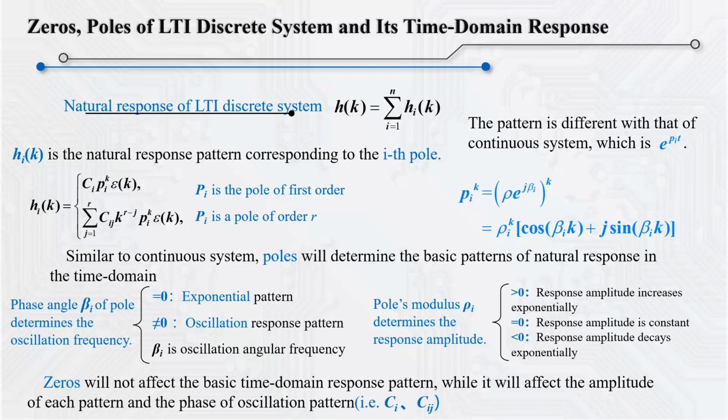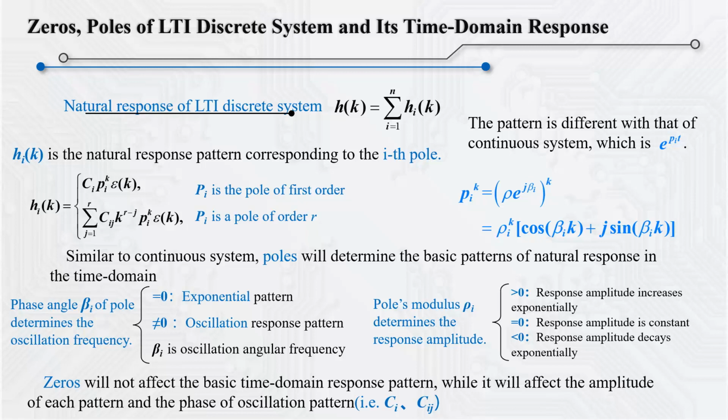However, it should be noted that the relation between time domain response pattern and the poles of the system function is somewhat different from that of the continuous LTI system. Due to such a difference, the pole's influence on the frequency and amplitude of the time domain response is also different from that of the continuous LTI system.